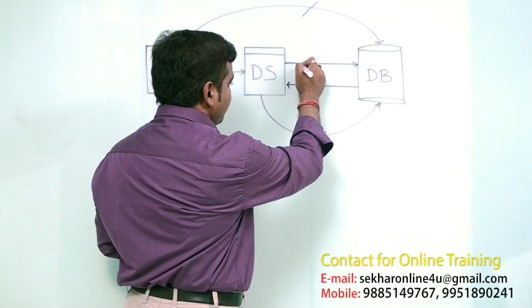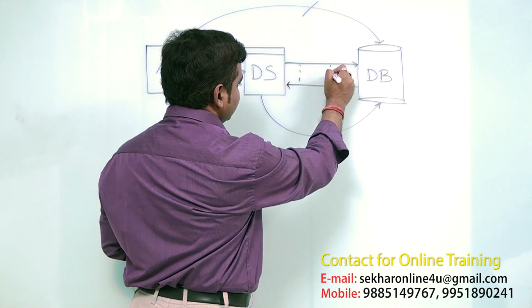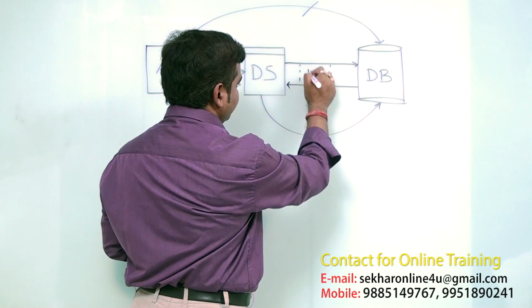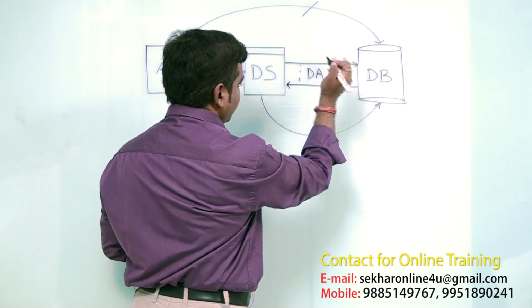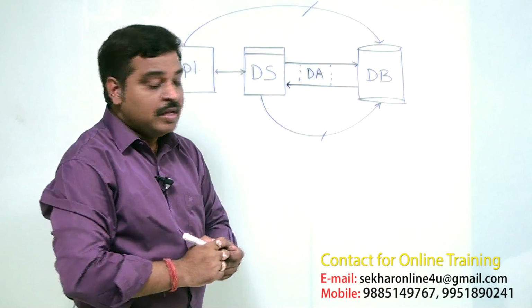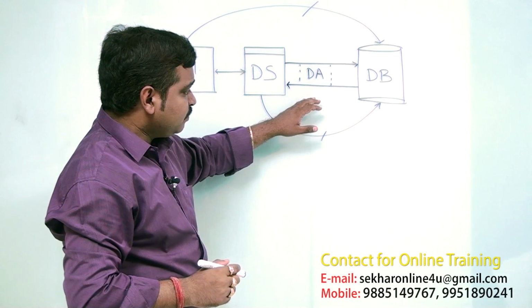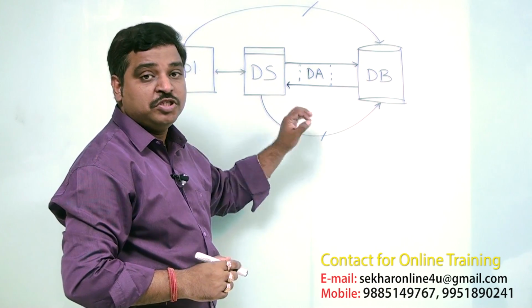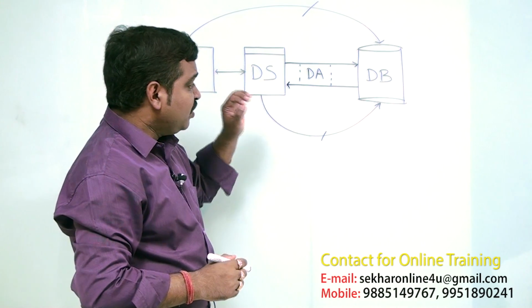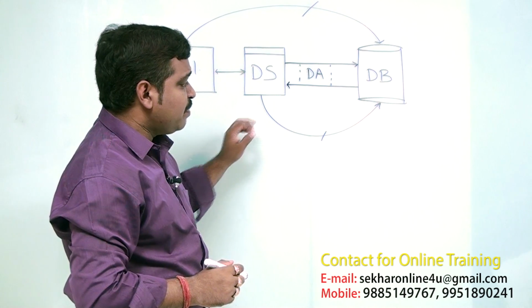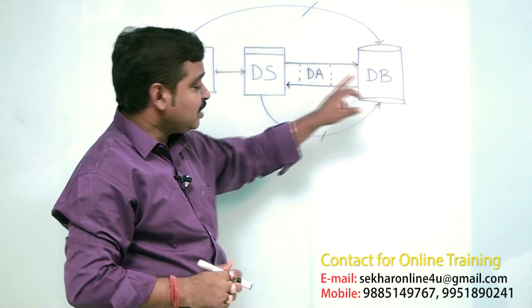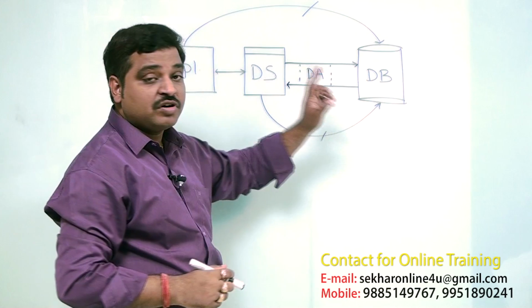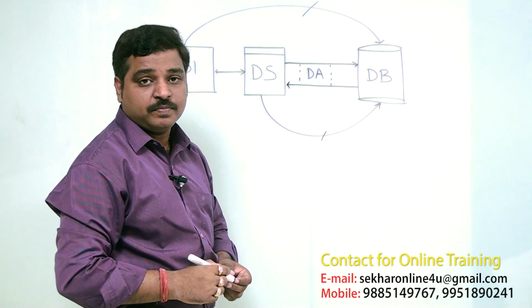That bridge can be treated as your data adapter. A data adapter is a collection of command objects which is used as a bridge between the database and the data set for transferring the data.